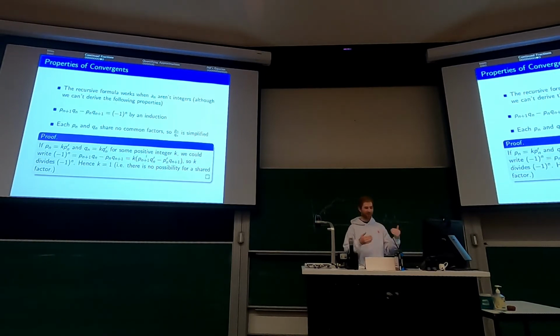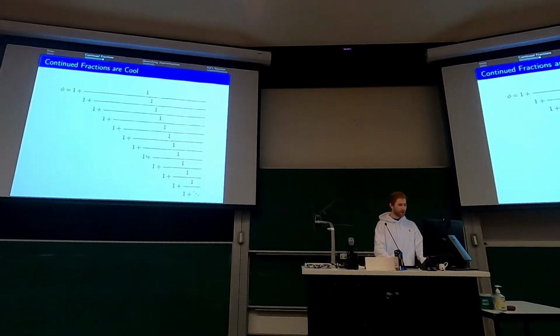But if two integers multiply to negative 1 or plus 1, well, k has to be negative 1 or plus 1 itself. So if we assume it's a positive factor, we get k is equal to 1, and there's no other possibility for a shared factor. So that's a nice little proof, and this thing is in general pretty useful for proofs.